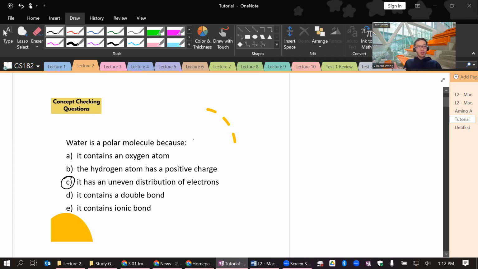To have a positive charge, you actually have to lose an electron, right? But it didn't lose the electron. It was sharing with oxygen, but it just didn't get to hang on to it as often. So it's just slightly positively charged, not a full positive charge. Okay, so the correct answer is C. It has uneven distribution of electrons.